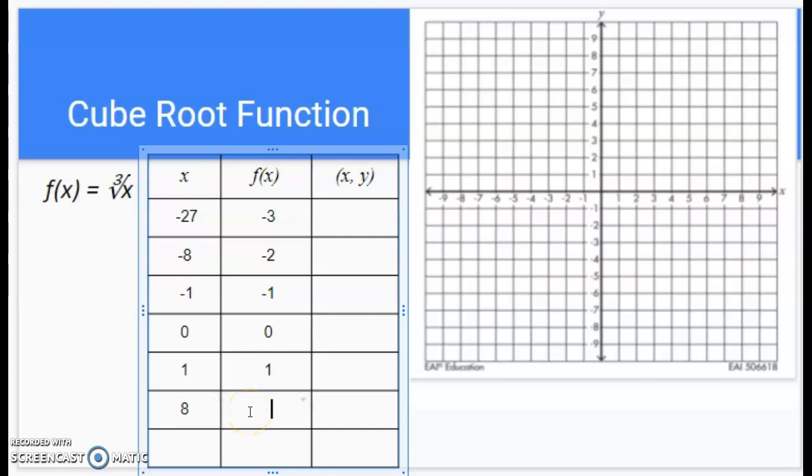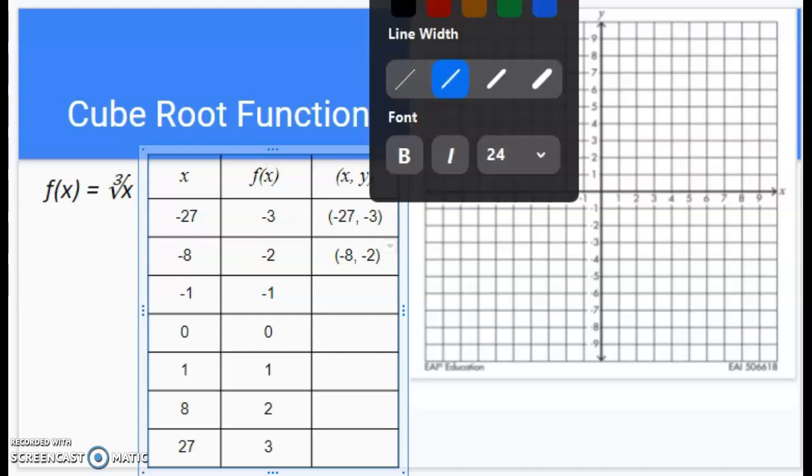Cube root of 8 would be 2. And the cube root of 27 is 3. Okay, so writing them as our ordered pairs one more time, and we continue. So let's make our graph.